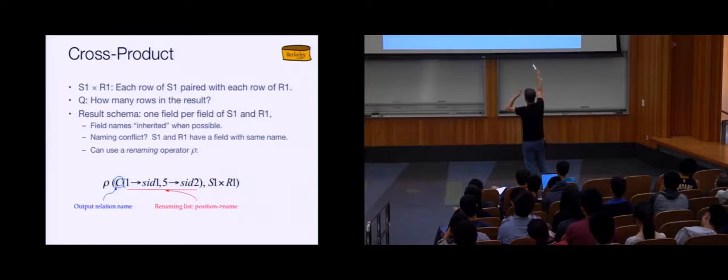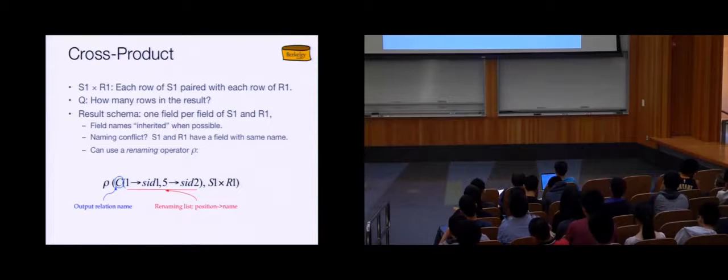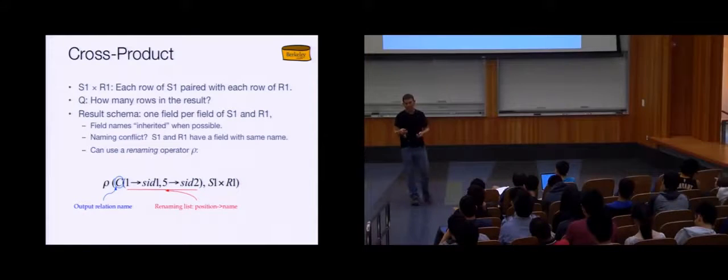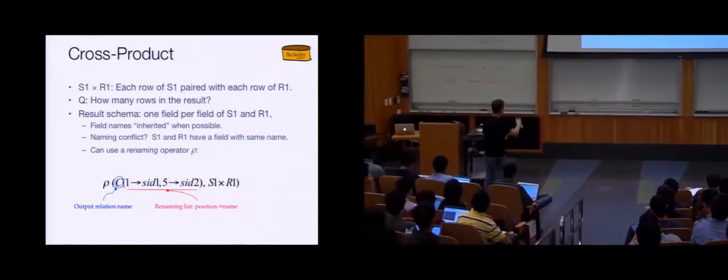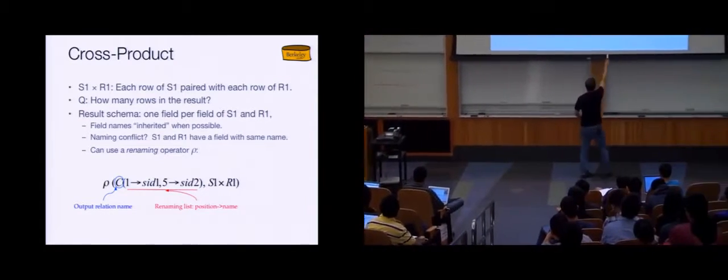And the field names are going to be inherited when possible. And we'll see what happens when they're not possible. So if you have a naming conflict, suppose you're joining two tables and they both use the same column name, then you're going to have to do something to rename the columns of the output. So there's this little annoying extra operator for syntax called the renaming operator rho, where you can take an input, like the input here. It's the second argument.